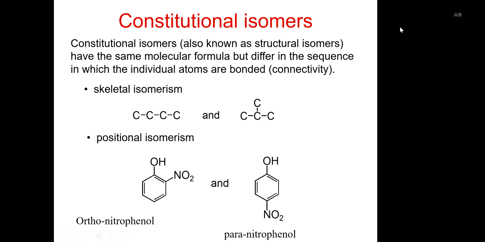I'm sorry, can you speak louder, please? It's difficult to hear you. Can you please come again with your question? If an organic compound has constitutional isomers, at least how many carbon atoms should it have? Do you know?